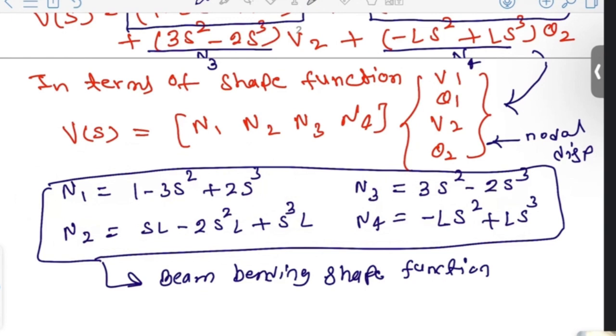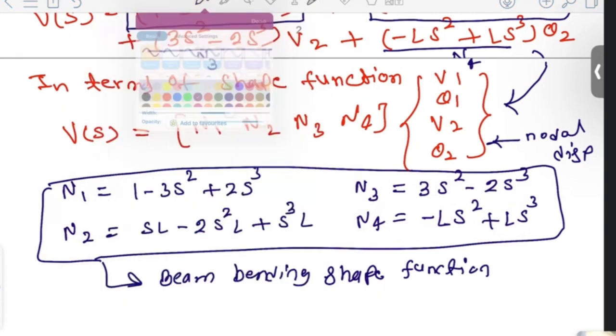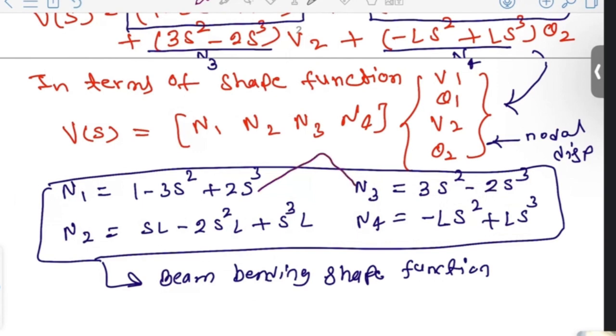So I will write here: these two represent translation, and these two are for rotation. Yes, I think you got some idea what I'm trying to say.